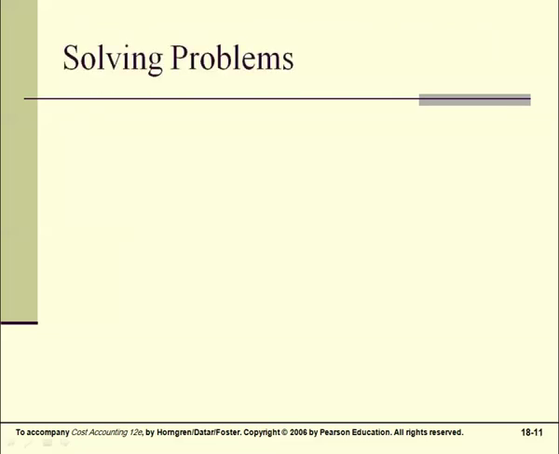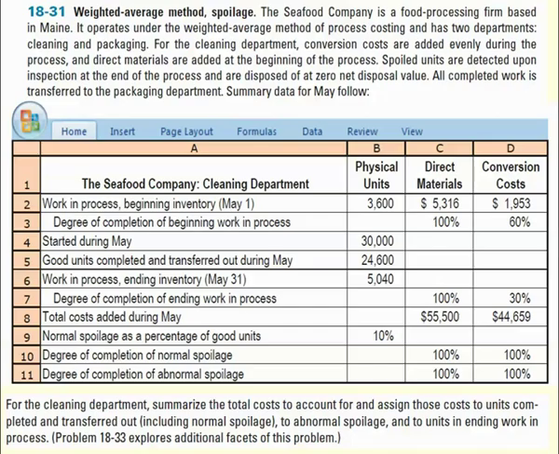Now, let's start solving problems. We will start by solving problem number 18-31, weighted average method. The Seafood Company is a food processing firm based in Maine. It operates under the weighted average method of process costing and has two departments, cleaning and packaging.